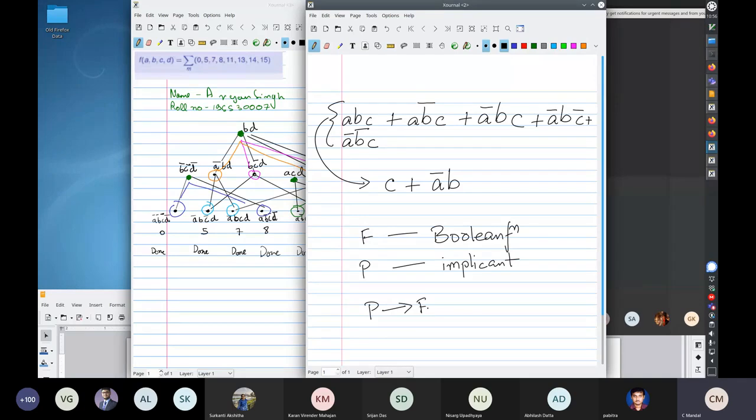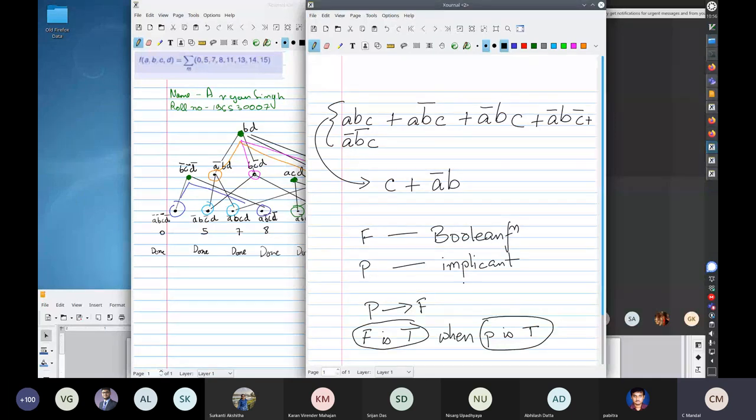You have actually come across this. What it means is that f is true when P is true. This is implication.